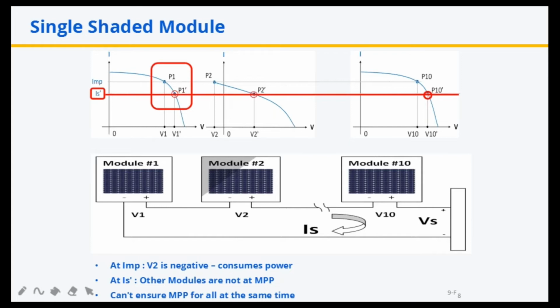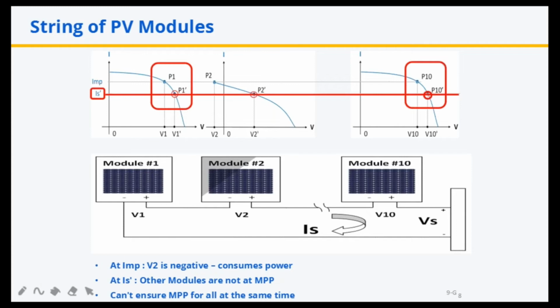So it is not operating at the maximum power point. This is the case for all the other unshaded modules as well. That means all the unshaded modules will generate less than the maximum power that they could have generated.